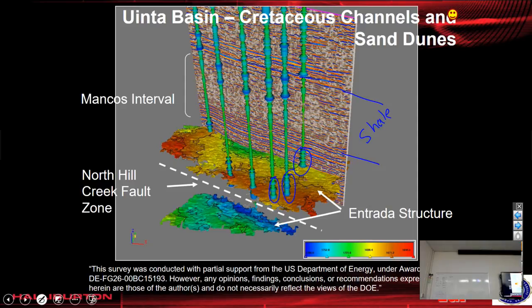But in log correlation, if I've got a sand, would you guys believe me if I were to say that this, and this sand are all the same sand? That's correlation, right? I'm matching patterns from one set of logs to the next. Okay? And this top right here is probably the same geologic age formation.